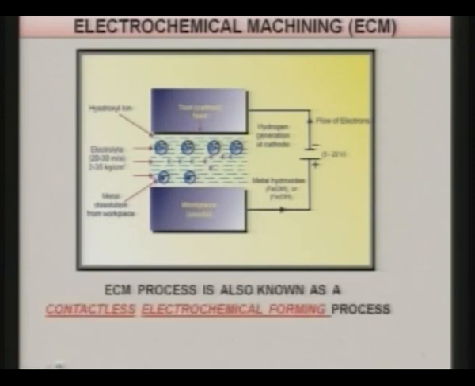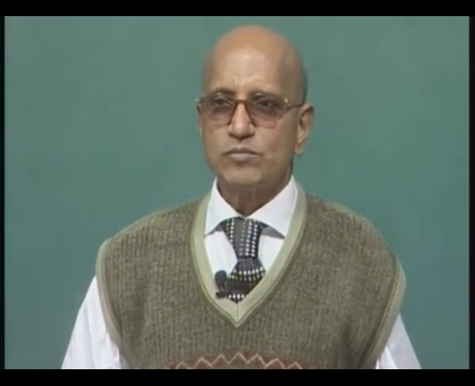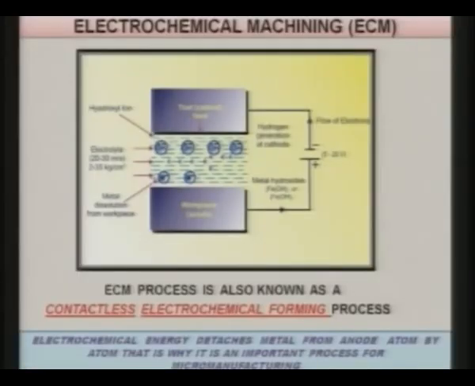Before I discuss this figure, let me tell you that this process is also known as a contactless electrochemical forming process, where you are changing the shape and size of the component without making any physical contact between the tool and the workpiece, as we do in traditional machining processes, where a single point or multi point cutting tool removes the material in the form of chips and changes the shape and size of the component. So, this is different in that reference.